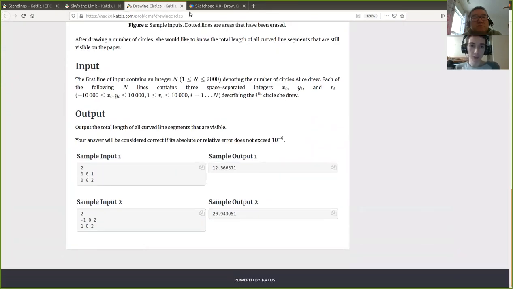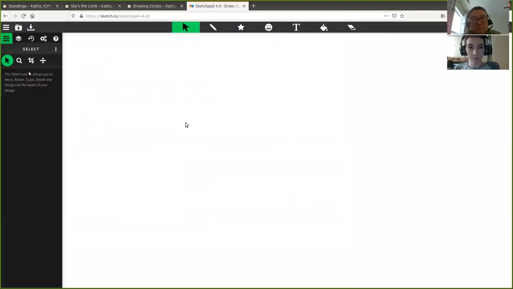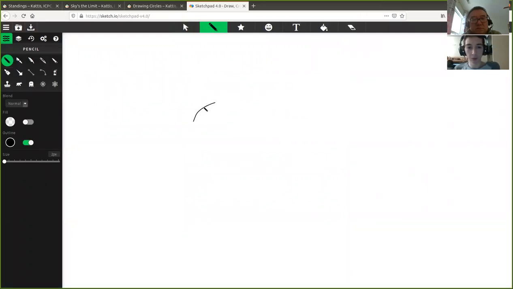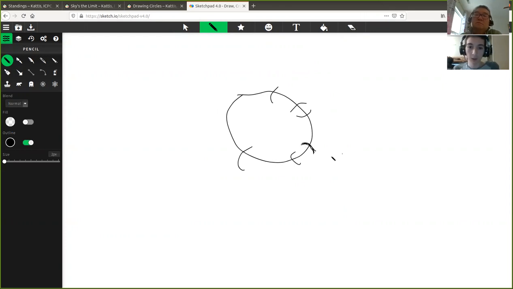Then we can afford to do that for each pair of circles if circle intersection is fast enough, because it's 2000, so we would just be doing n squared work there. So we're just going to suppose we have a given circle and we want to know what's its contribution to the total perimeter. So let's think about it in a simpler version.